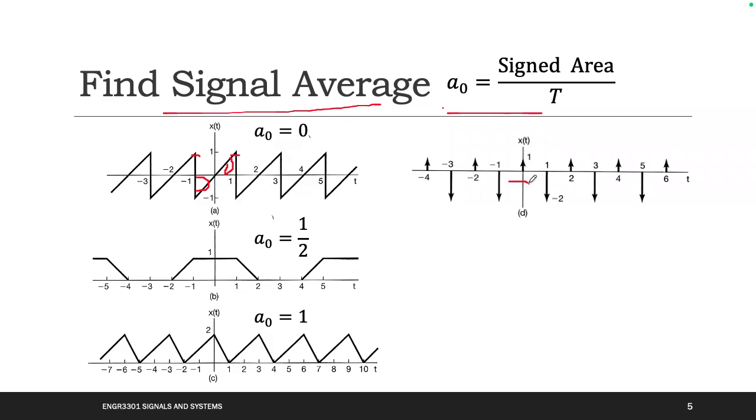For this part, the area should be 1, am I right? And for this part, the area should be 2. Does it make sense to you? But this is negative. So if you add them together, it is -1, am I right? But the period is 2, am I right? So it's -1 divided by 2, yeah. That makes sense to you?